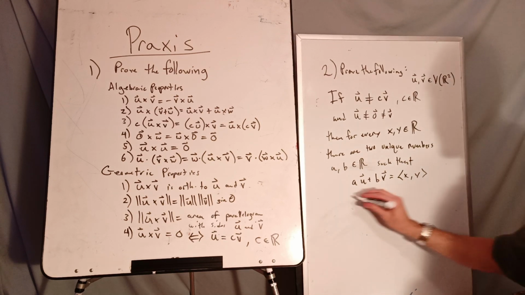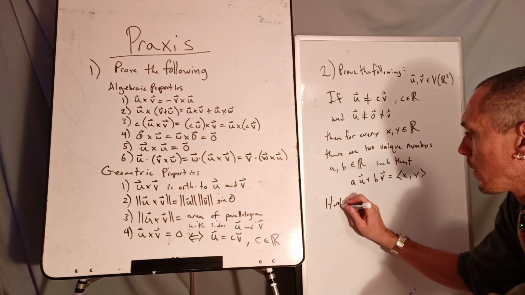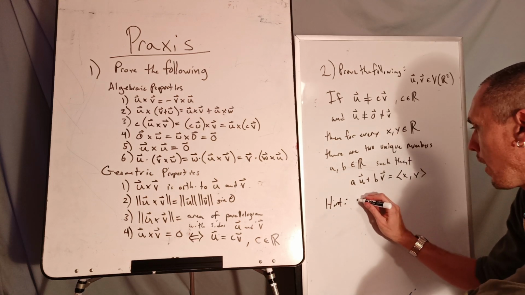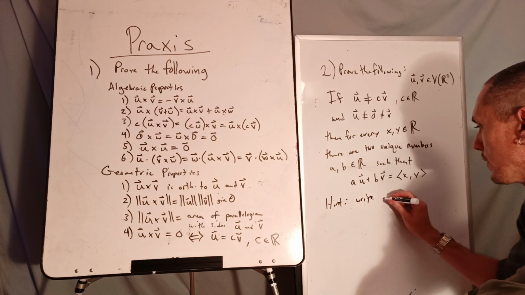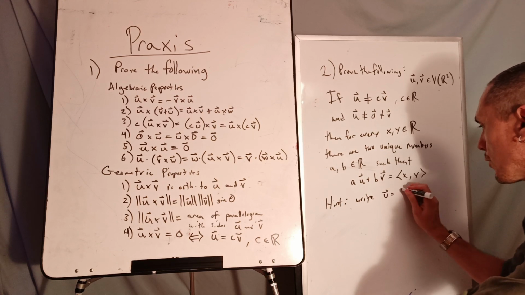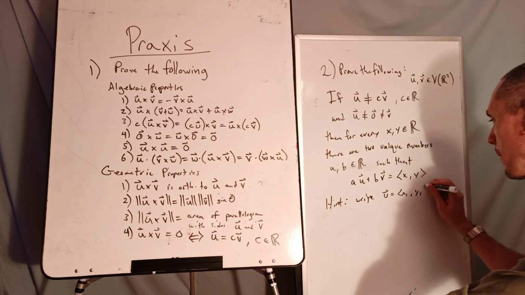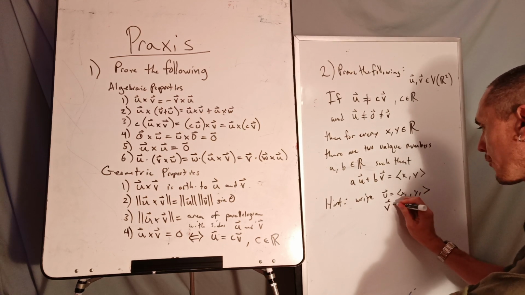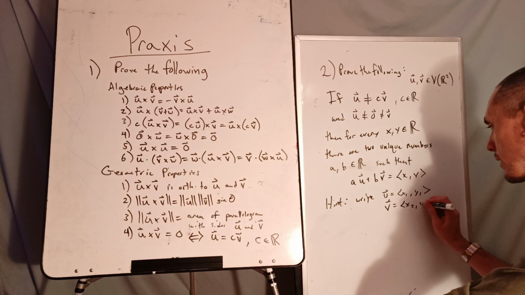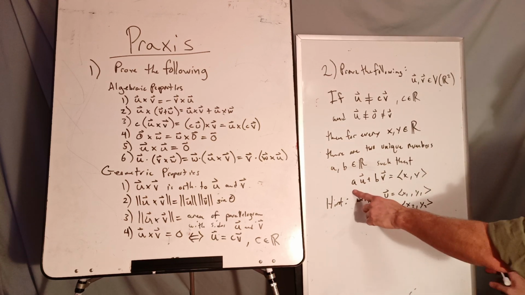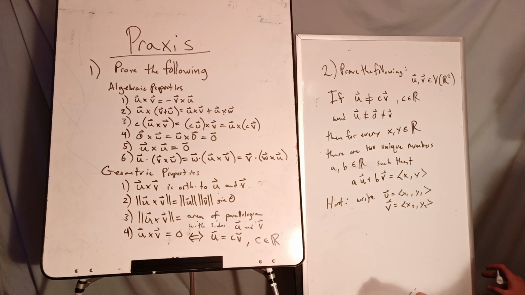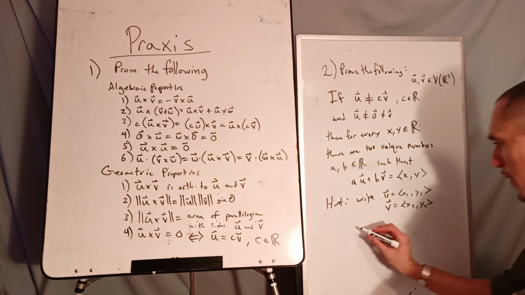So I'll give you a hint. Write their components. U is equal to x1, y1. Write v is equal to x2, y2. And then what does this equation mean in terms of the components? Well, it means 2 equations.